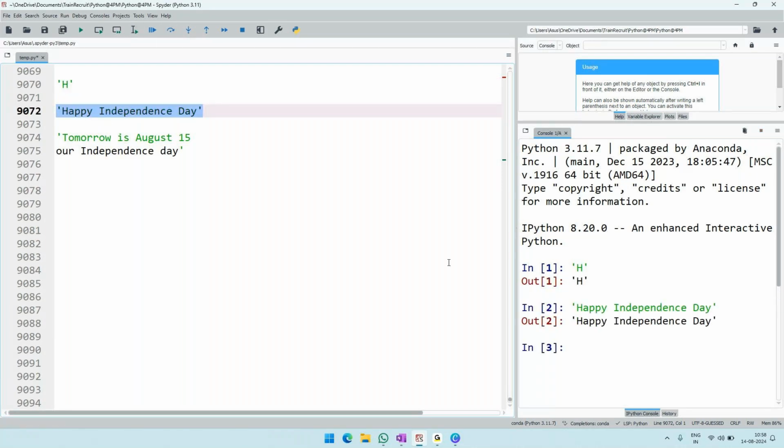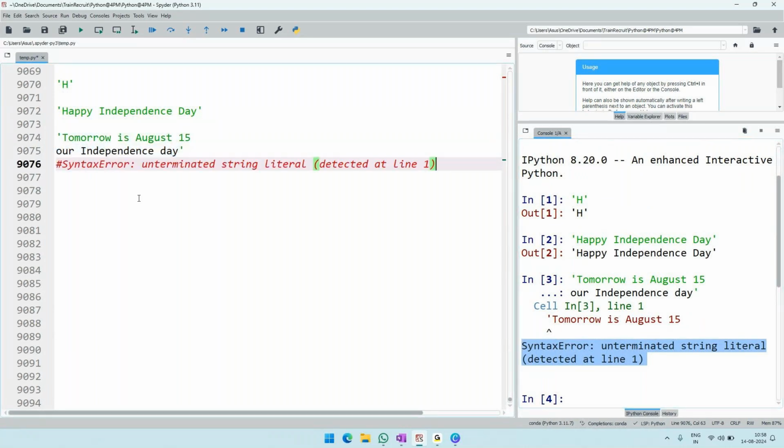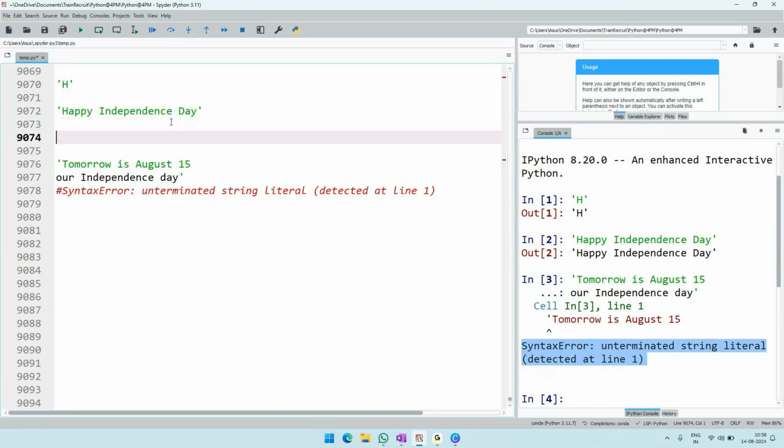But if you run this, this will give you an error saying unterminated string literal, it is expecting you to write everything in a single line. For example, I want to write something like Harris. I'm giving a single quote here.